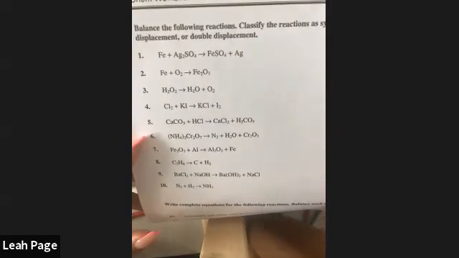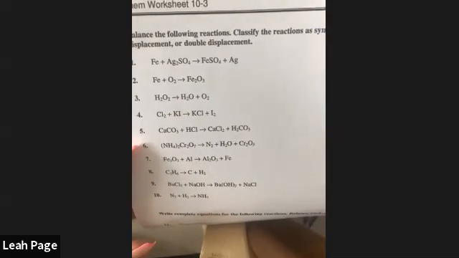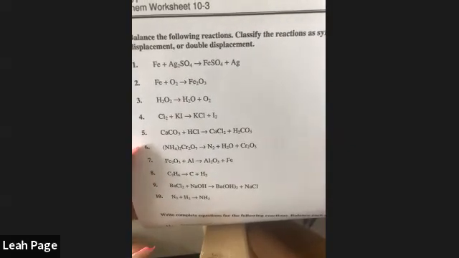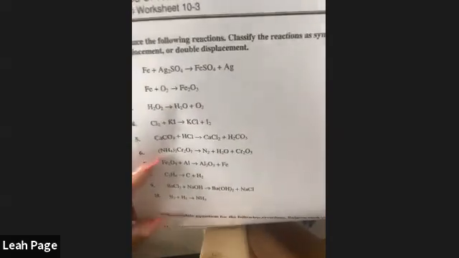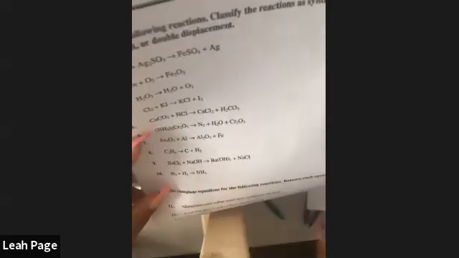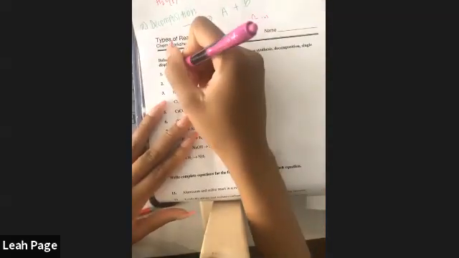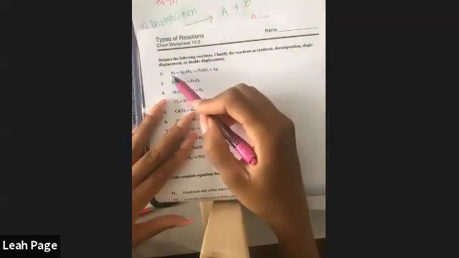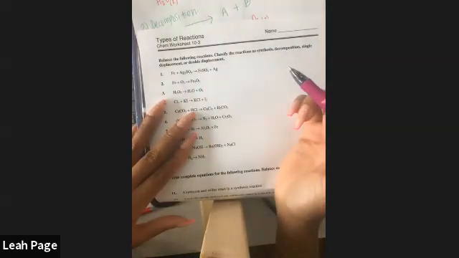If we look at it, we have iron plus silver sulfate reacts to form iron 2 sulfate plus silver. All right, so let's balance this one first. If we go from left to right, on the reactant side, I'm gonna start off with my iron. I have 1 iron here. I have 1 iron on that side. I'm satisfied.